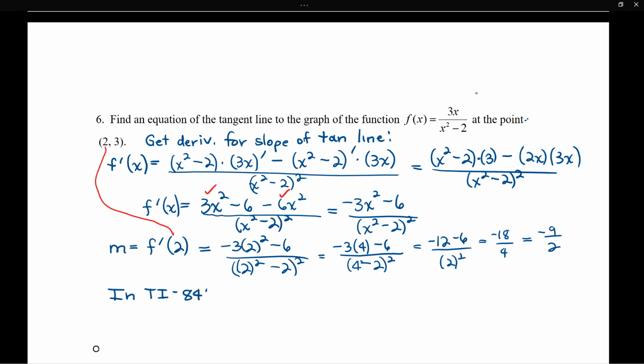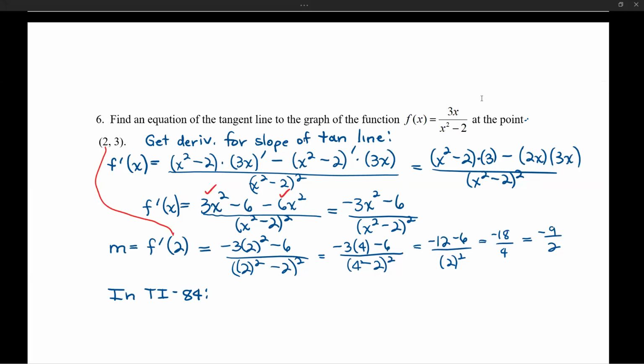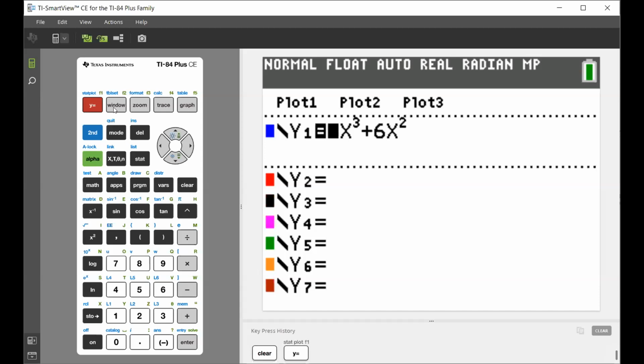All right, so get that going. I'm going to go to my calculator. I'm going to clear everything out. And my function is 3x divided by x squared minus 2.